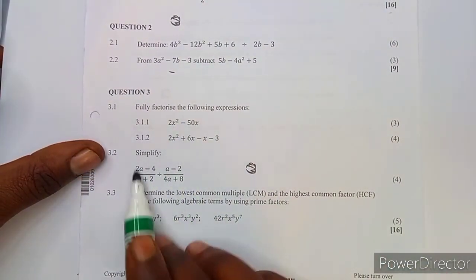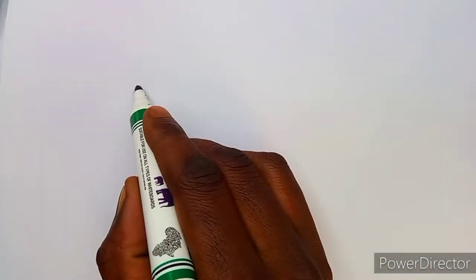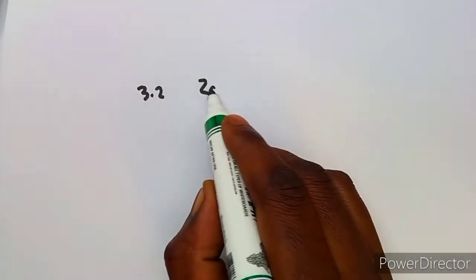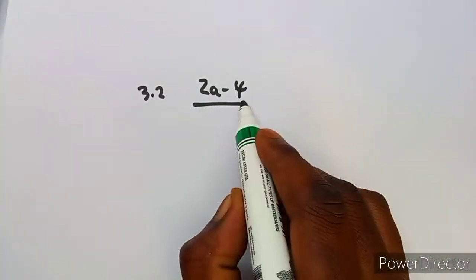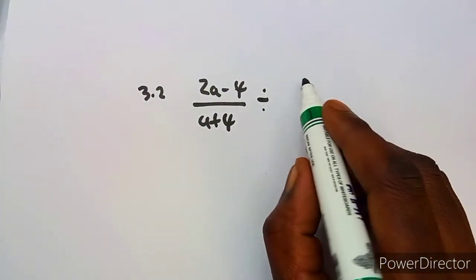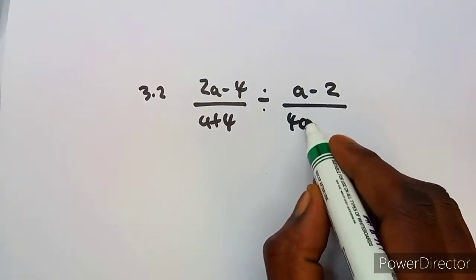Simplify. So you're asked to simplify this expression, and that's 4 marks for that. Let's see what you're supposed to do. 2a minus 4 over a plus 4, which is being divided by a minus 2 over 4a plus 8.